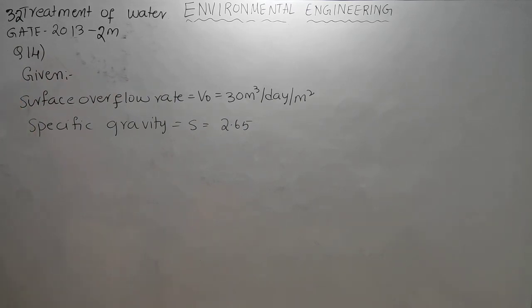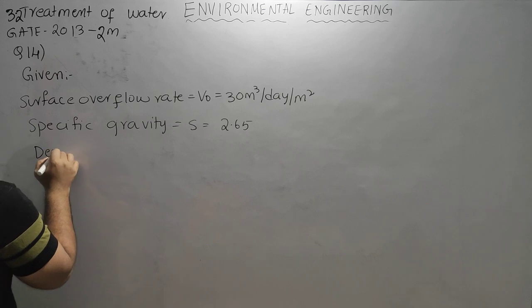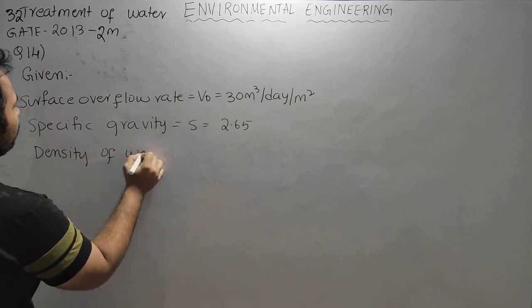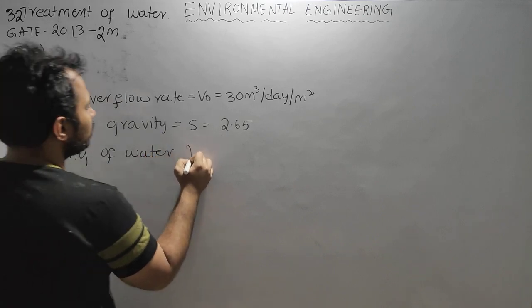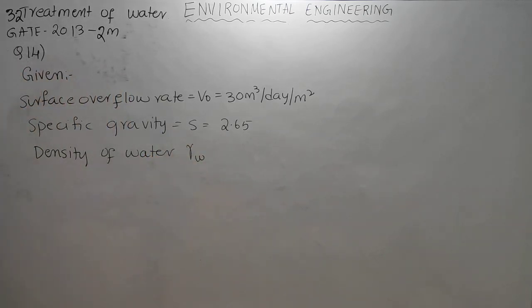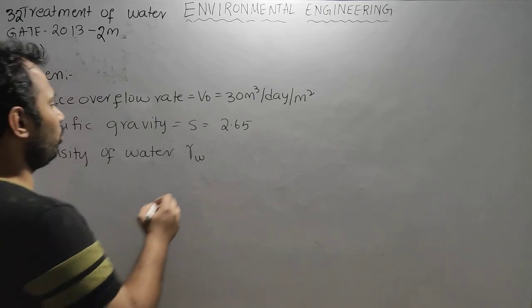Density of water, gamma W, is 1000 kg per meter cube.